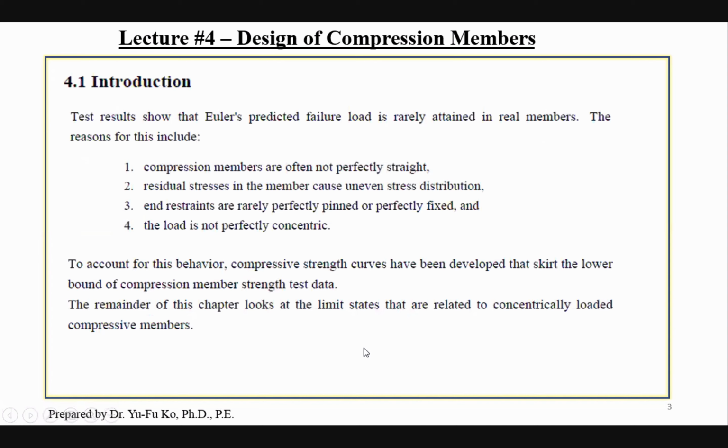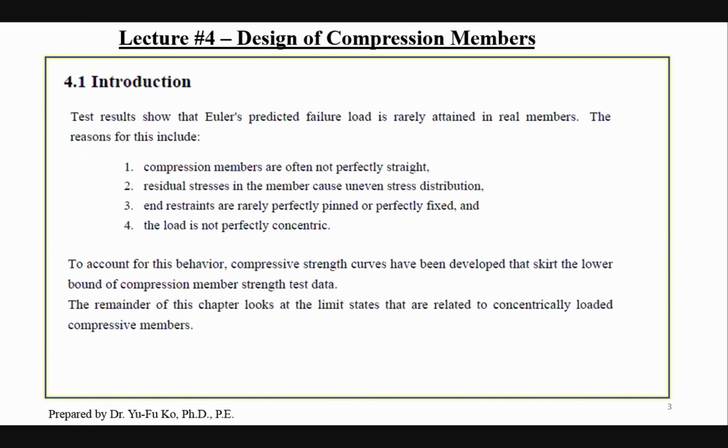So, based on the experimental test results, Euler's predicted failure load is rarely attained in real members.